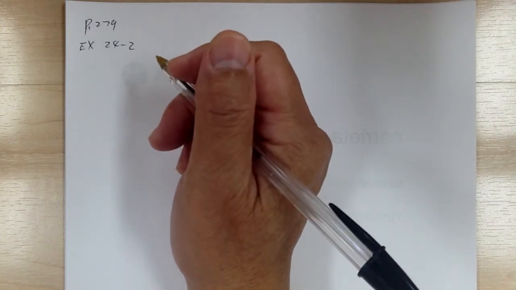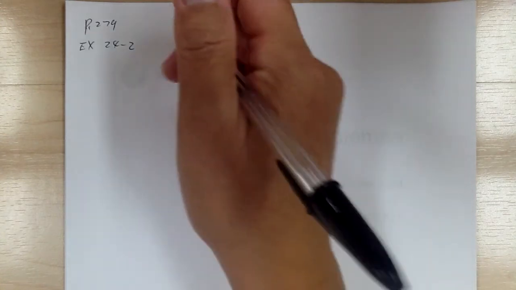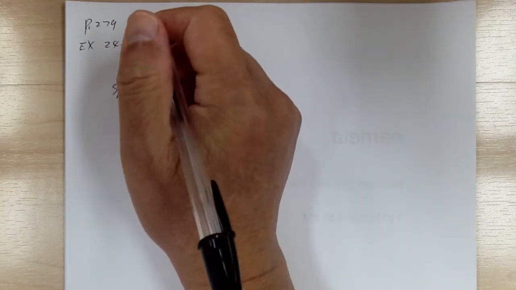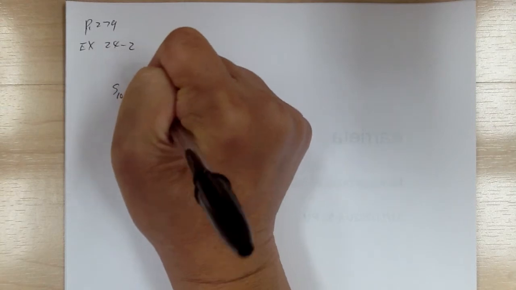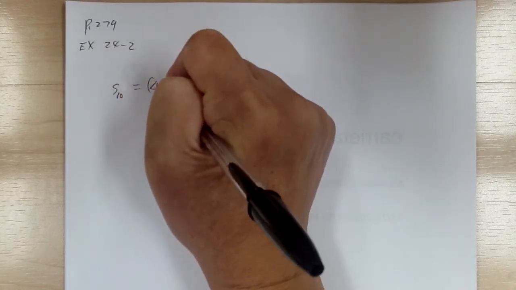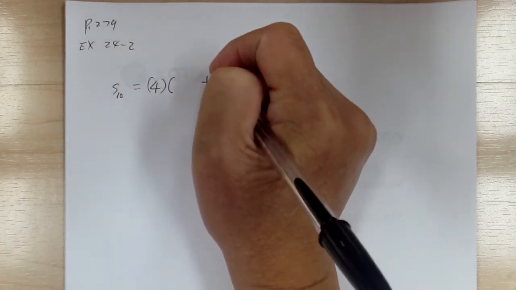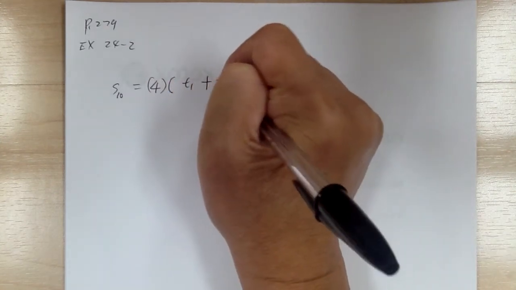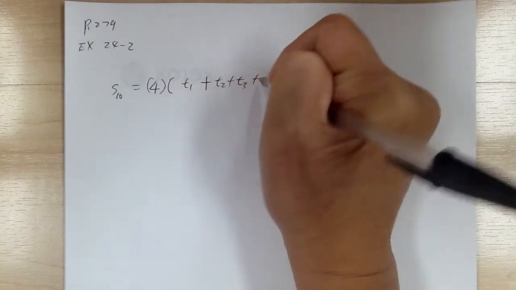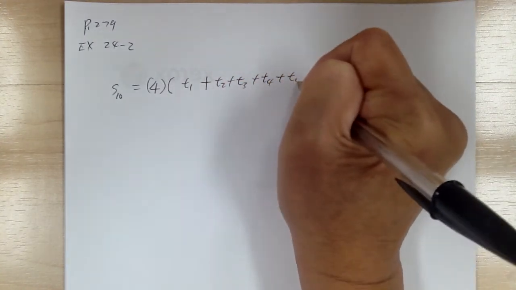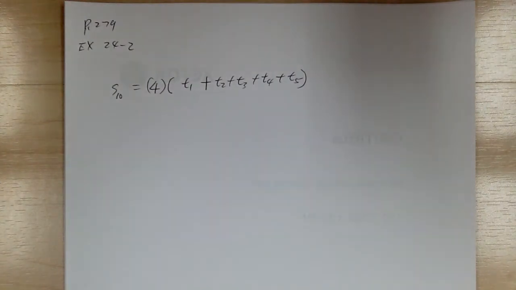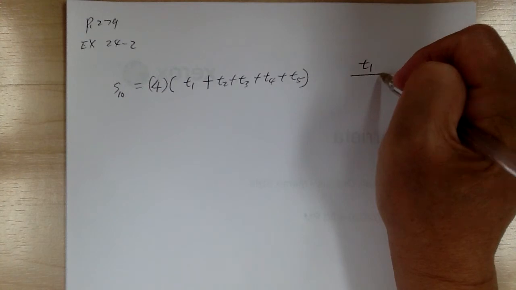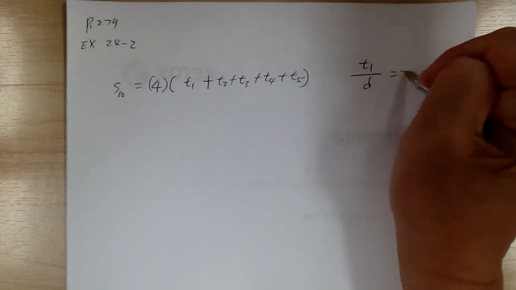If the sum of the first 10 terms of an arithmetic progression is equal to 4 times the sum of the first 5 terms, that is T1 plus T2 plus T3 plus T4 plus T5, find the ratio of the first term to the common difference. That's what you're looking for.